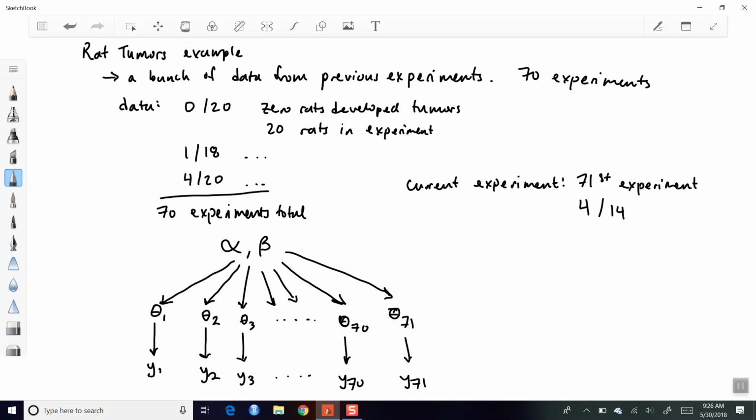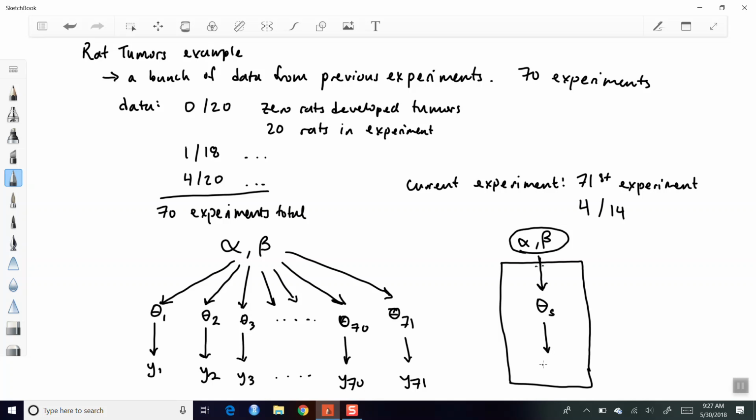There's something called a plate representation, and we would do it like this. We would say alpha and beta, and this is the same idea here. Theta sub S, Y sub S. Okay, and then in this corner we would write S is equal to 1 to n.